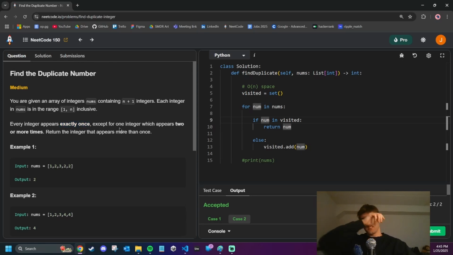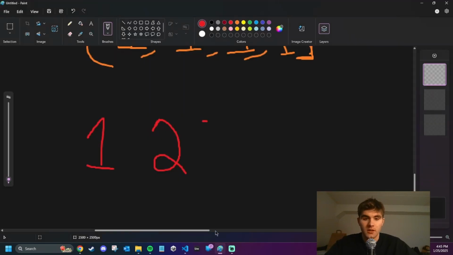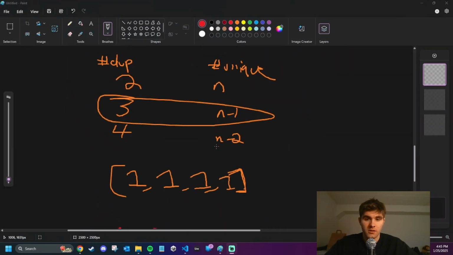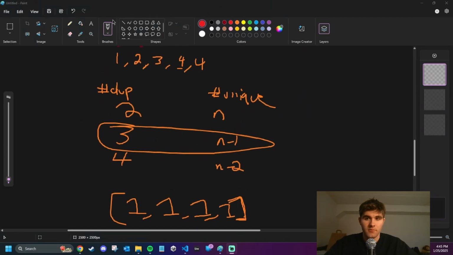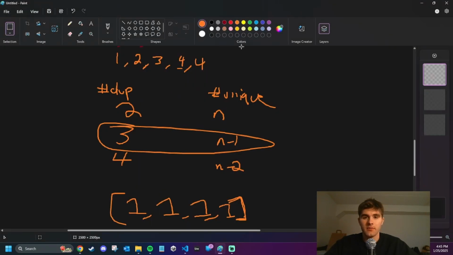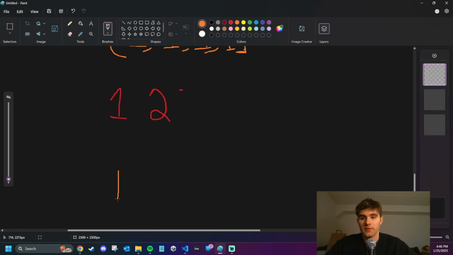We have to use the fact that there's only one duplicate. So if it's 1 to n, right, we should start by finding 1, and then finding 2, and then finding 3.